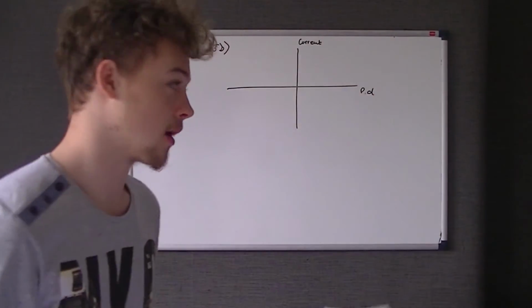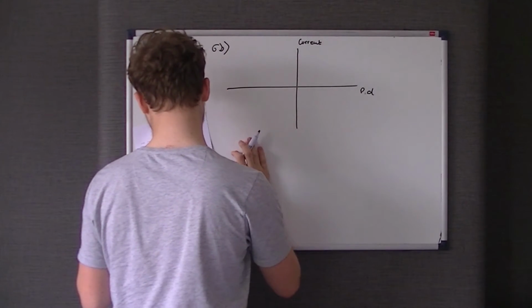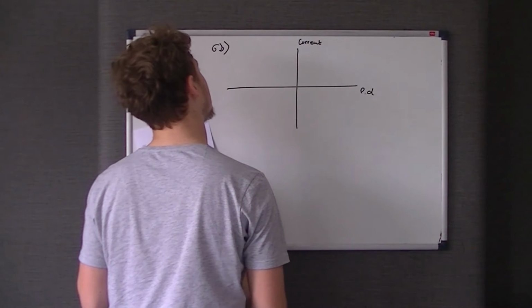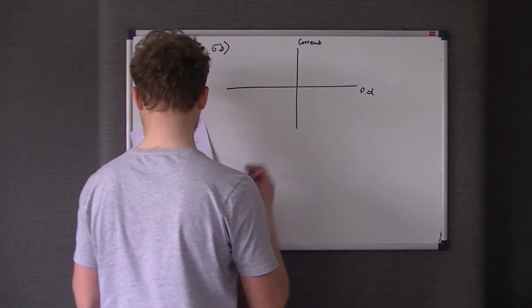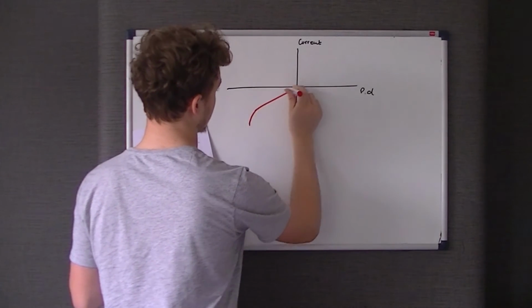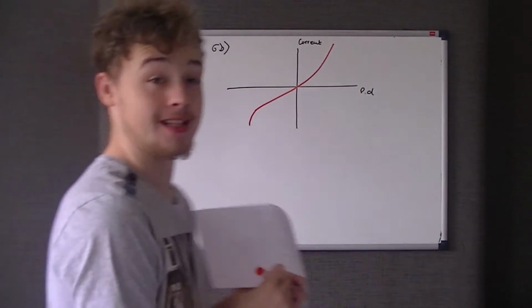I know it's 1 over the resistance, but it'll still be increasing and decreasing, okay? Is it 1 over the resistance? V equals IR. Yeah, anyway, something like that. Alright, so that's what you would draw for 6b.